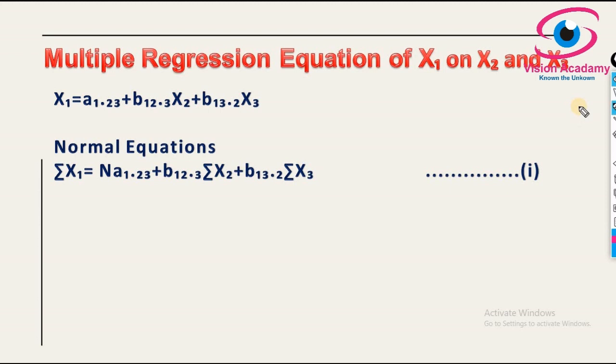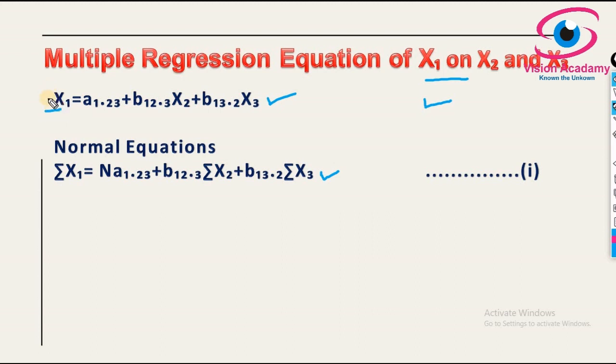In each and every normal equation, whether it is x1 on x2 x3, x2 on x1 x3, or x3 on x1 x2, we have three normal equations. Here, as I told you, we have the basic equation. In the normal equation, the first equation is the basic equation only, to which we have just added summation.